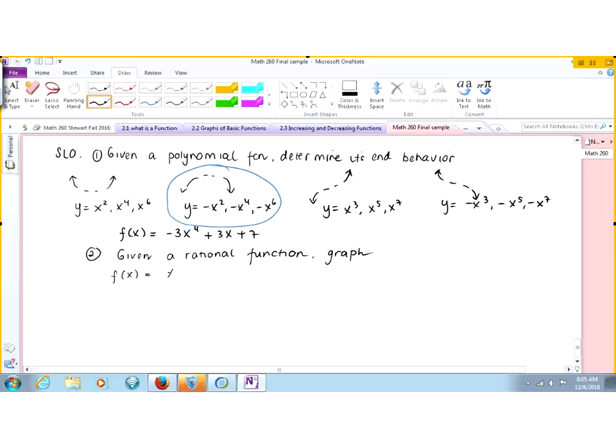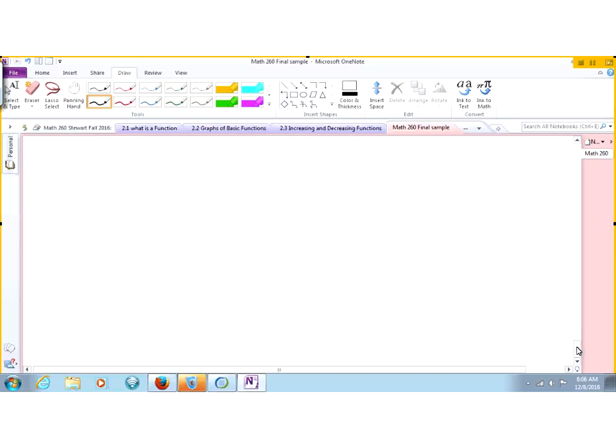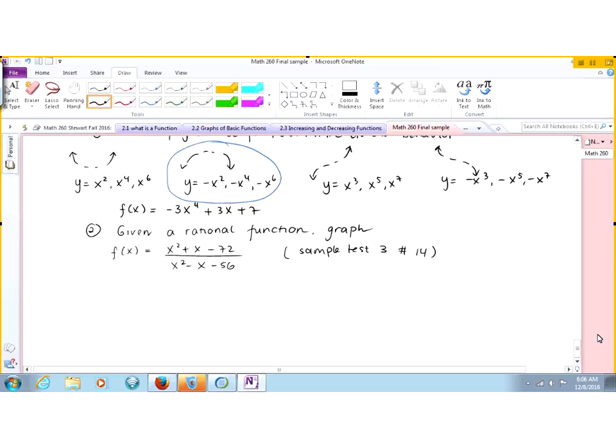is equal to x squared plus x minus 72 divided by x squared minus x minus 56. So this is sample test 3, number 4. Okay. So what would you do here? Well, the first one is vertical asymptote, right?